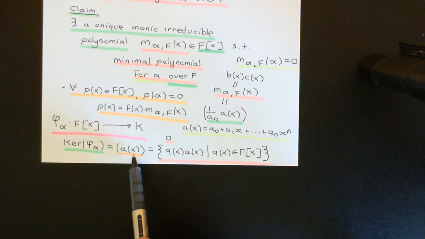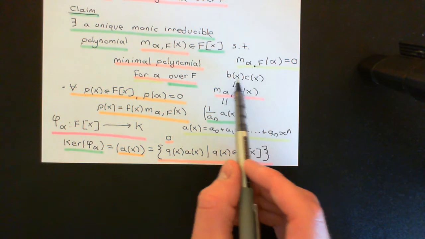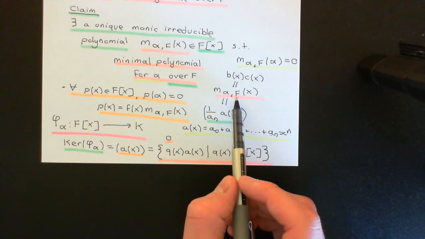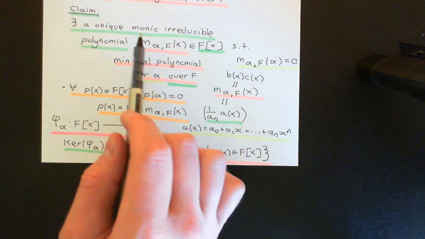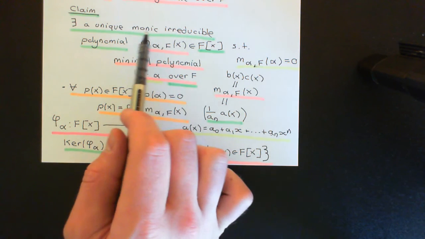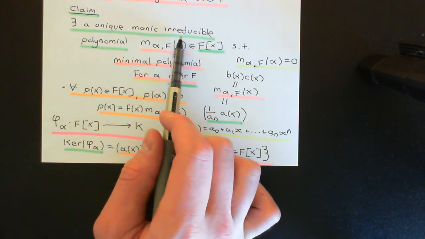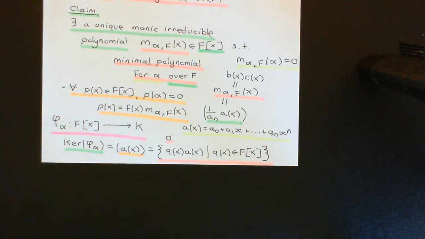That will also be irreducible because it's just an associate of the minimal polynomial of alpha over F. However, it will not be monic, so at the moment it looks as though we are going strong to have a unique monic irreducible polynomial in the kernel of this ring homomorphism. Then all we have to consider is all of the other polynomials in here, not the ones that have the same degree as it.